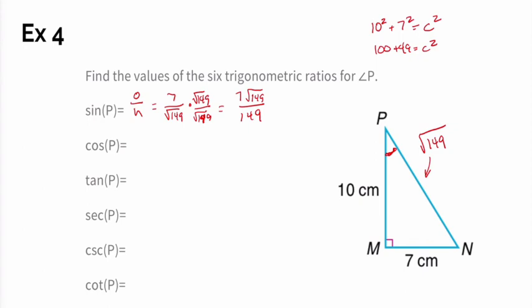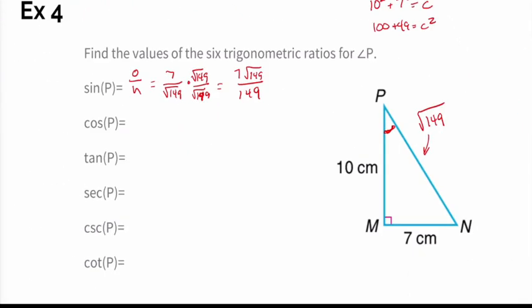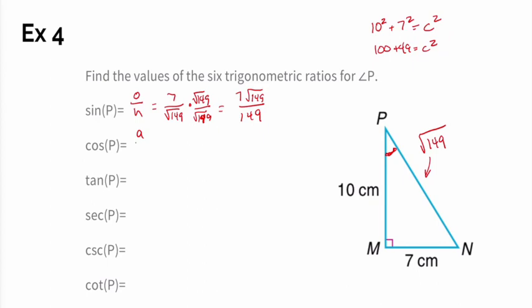Cosine of P is going to be the adjacent over the hypotenuse, which is going to be 10 over the square root of 149, which rationalizes to 10 square root 149 over 149. Tangent of P is going to be nice and simple. That's going to be our opposite over our adjacent, which is just 7 over 10.